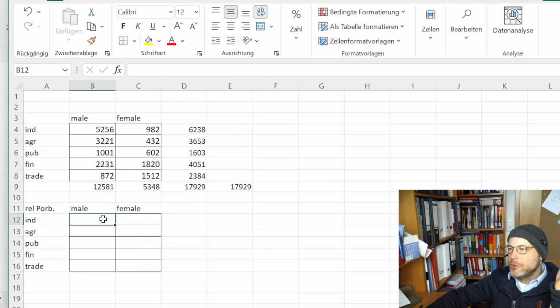This is just the relative probability to have two specific values of my two attributes, male and industrial sector, out of the whole sample.